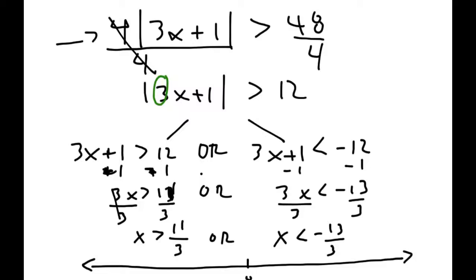Let's say 11 thirds is about there. Negative 13 thirds is about there. Greater than 11 thirds, open circle, going to the right. Less than negative 13 thirds, open circle, going to the left.